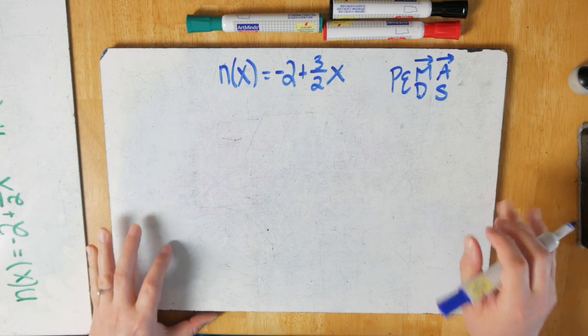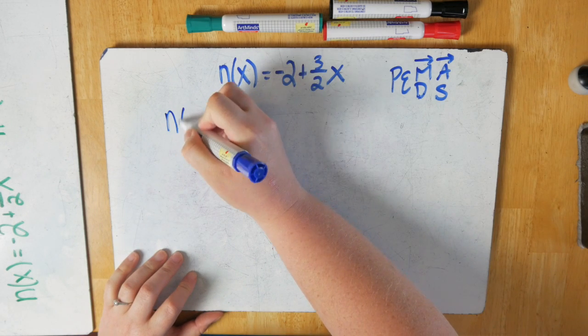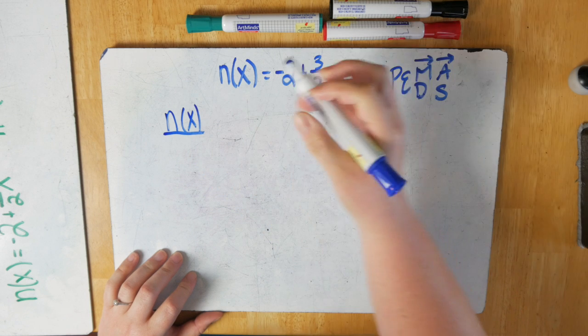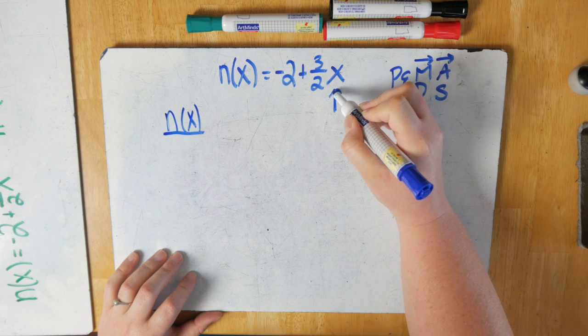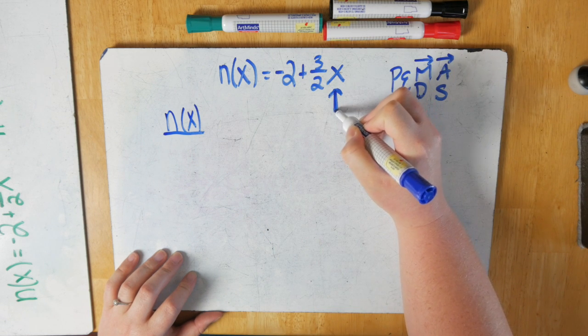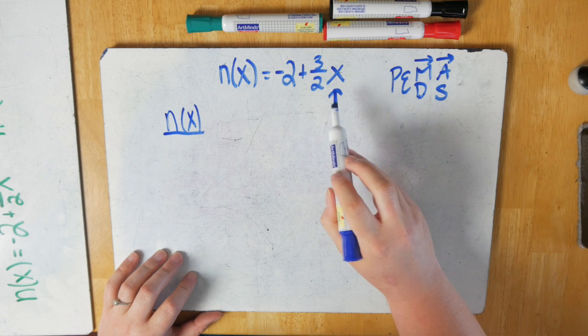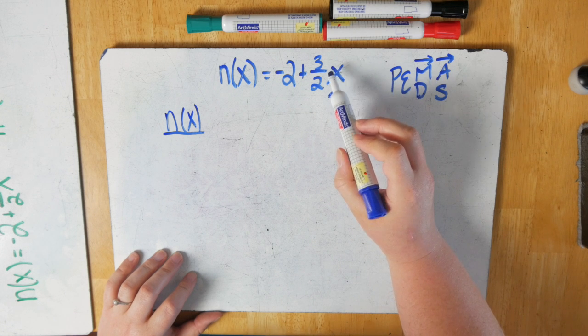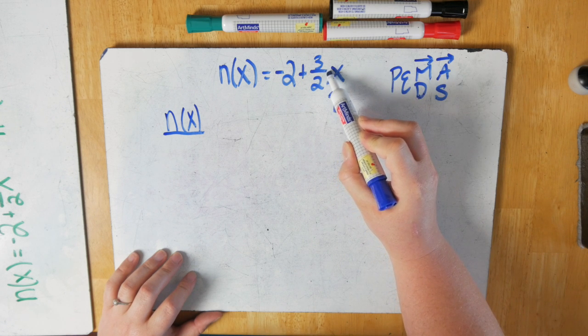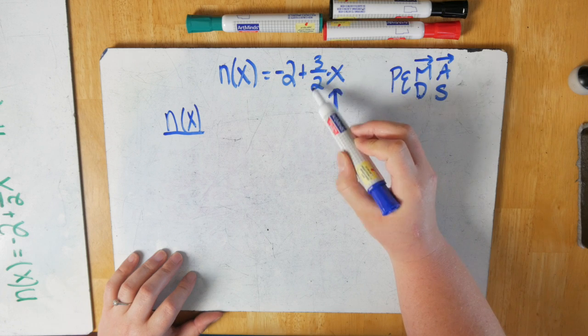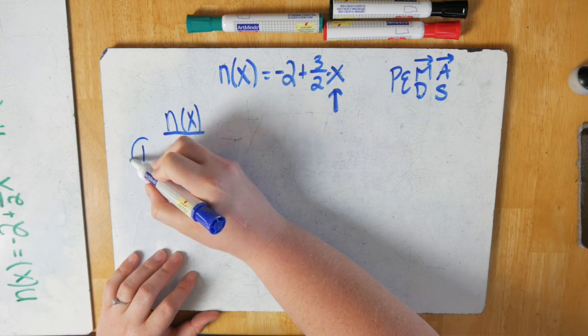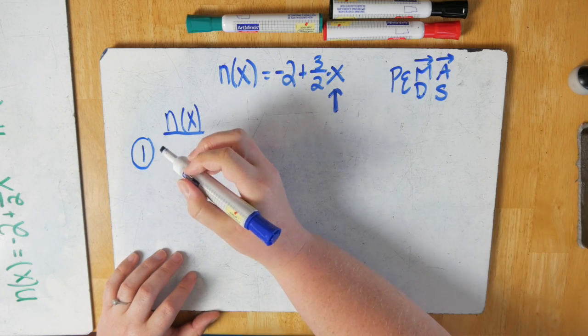So again, thinking about what would happen if we plugged some value in for x, what would we have to do to that input first? The first thing that we would do is multiply that value by 3/2. I'm going to break this up into two separate operations.